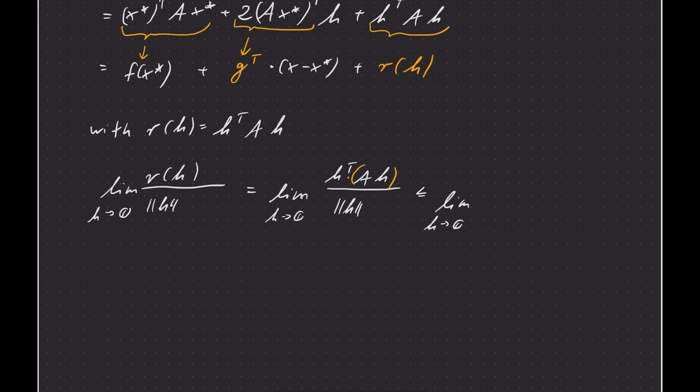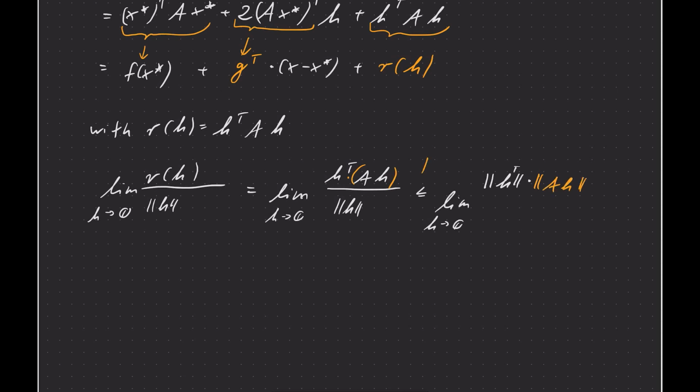basically a scalar product is bounded by the norms of its factors. So that's less or equal to the norm of the first factor h, or h transposed, times the norm of that second factor, A h.